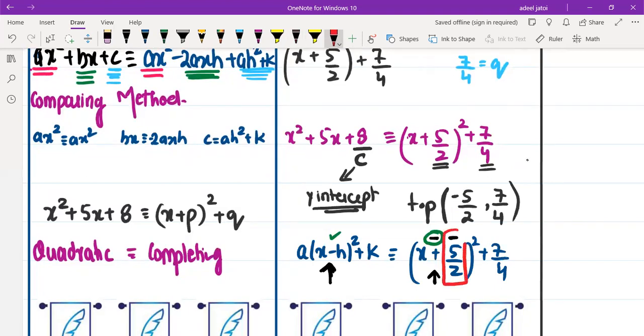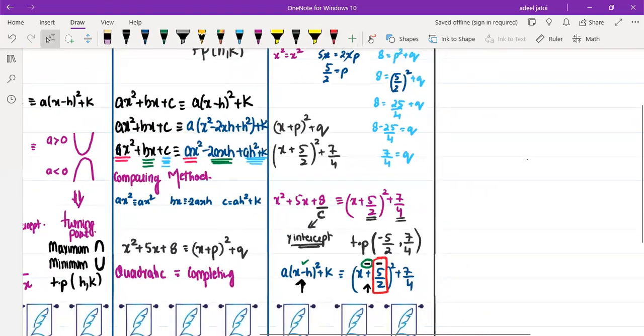Minus 5 upon 2. Just because of this negative, the sign has changed, which is x plus 5 upon 2. So when we write down the value of the turning point, we write it as negative 5 upon 2, stating it as the sign is changed.